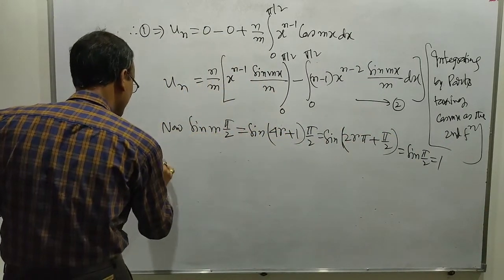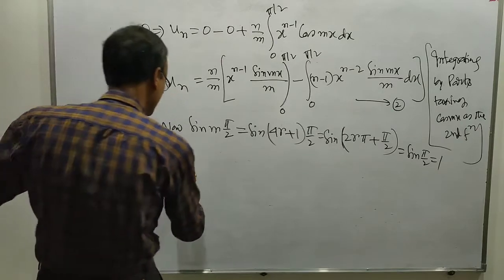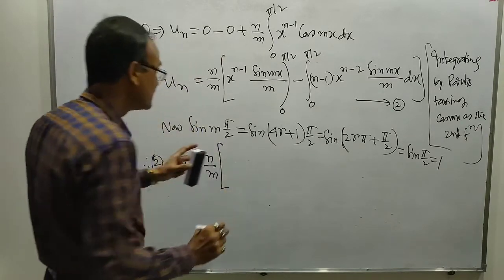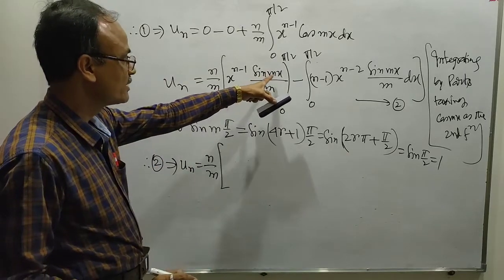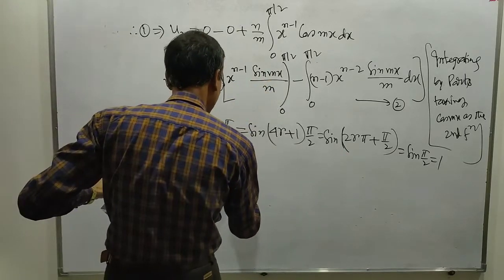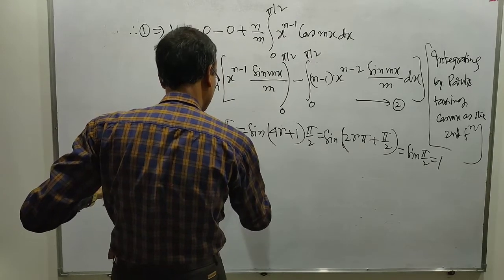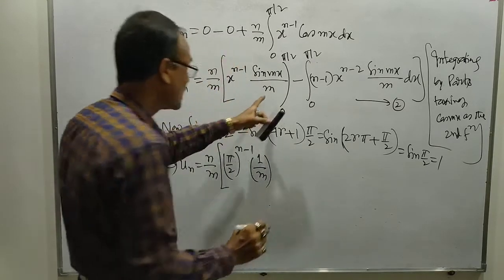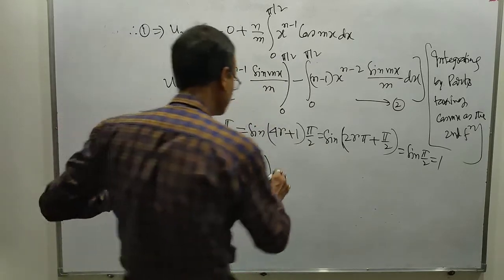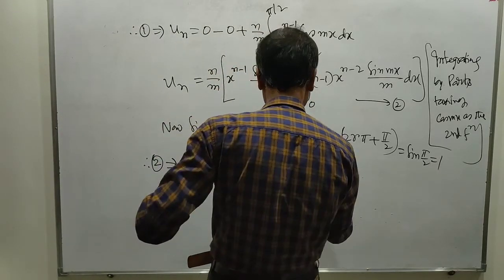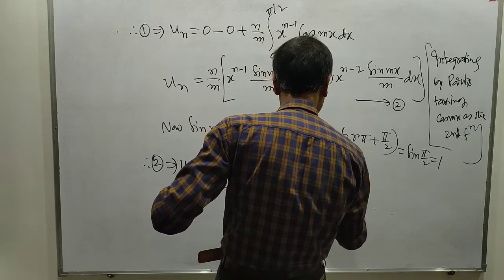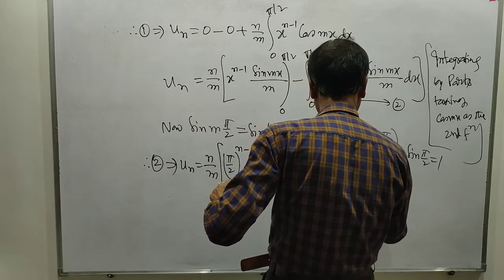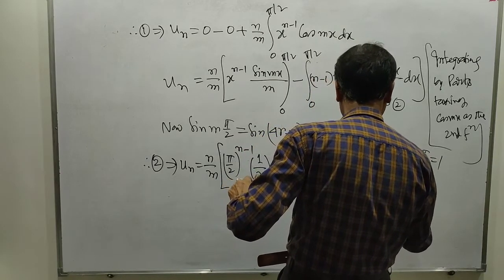Therefore, from 2 you will get u_n equal to n by m, it will be equal to 1, (π/2) to the power n minus 1, 1 by m, and minus 0, minus (n minus 1) by m, integration 0 to π/2, x to the power n minus 2 sin mx.